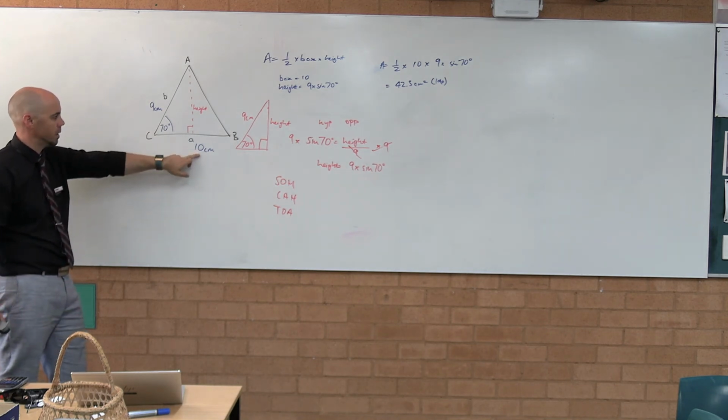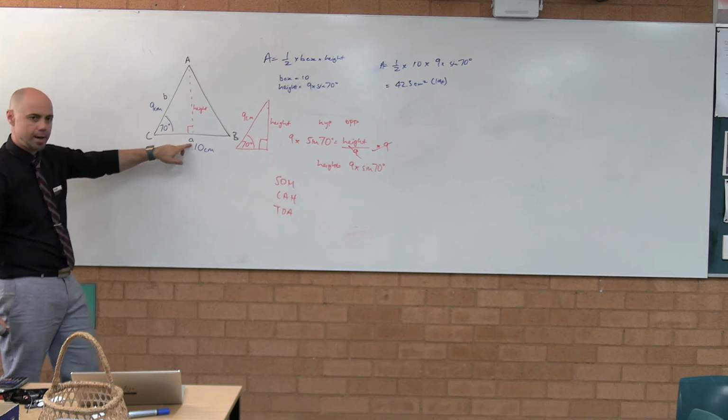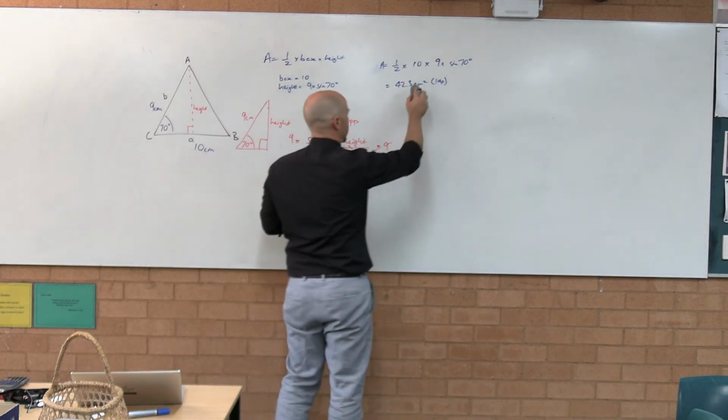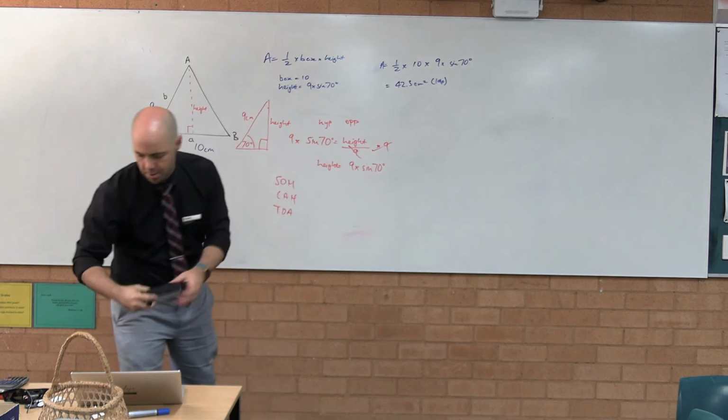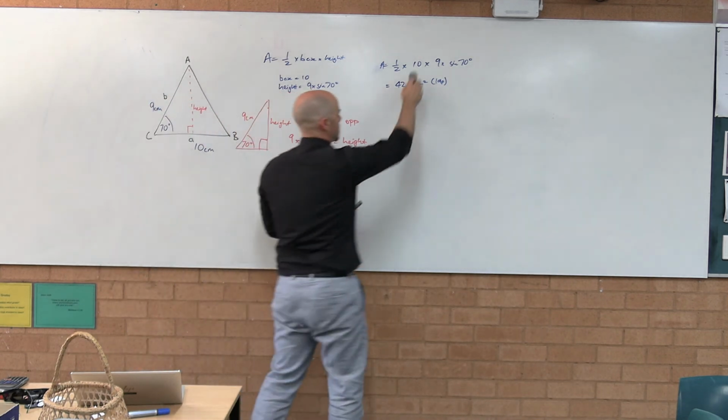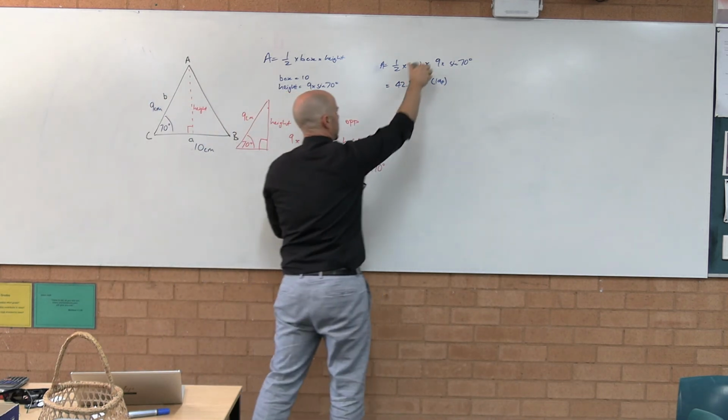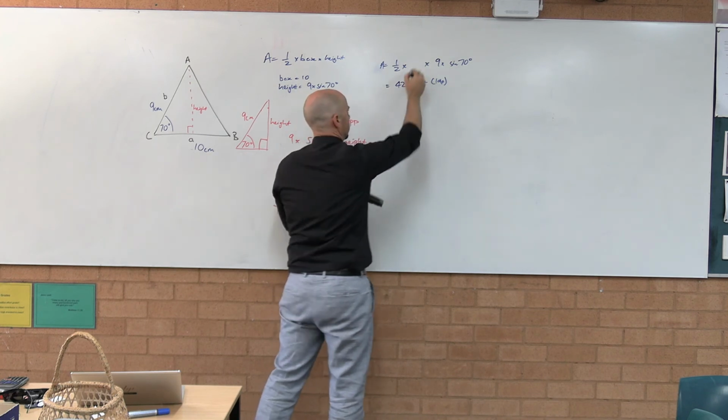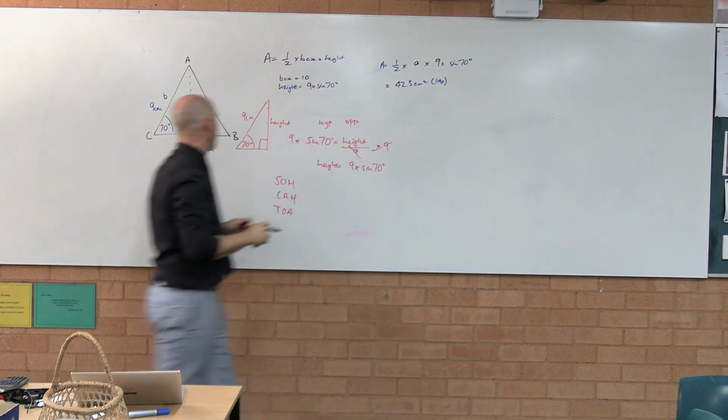So our 10 centimetres was side A. Our 10 centimetres is A, so I'm going to rub that out and put A in there.